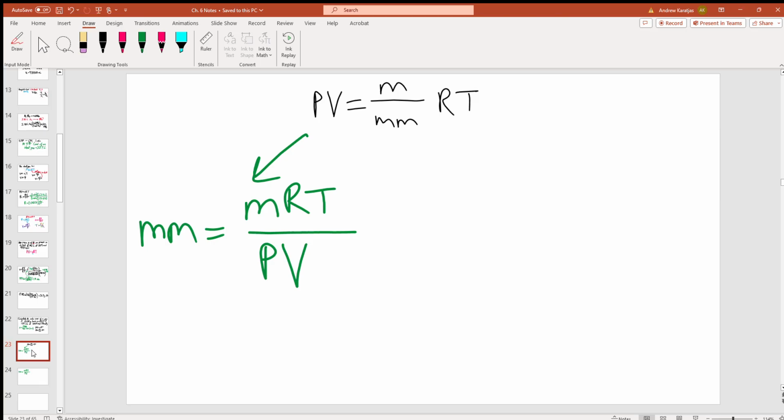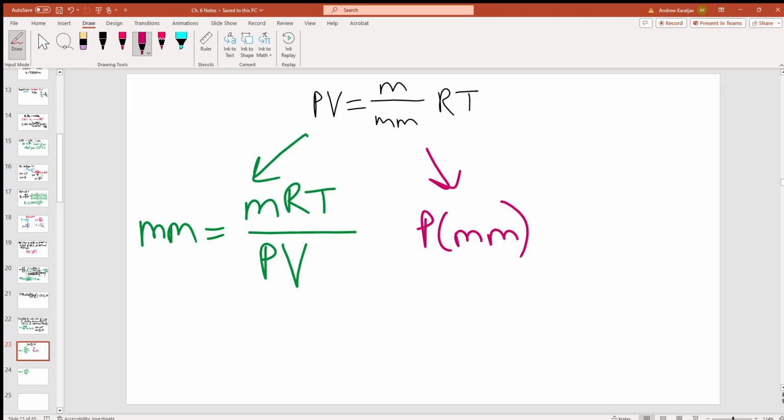Another thing we could do though, you'll notice we've got both mass and volume in here now. So I'm going to do something different in terms of how I rearrange this equation the second time. I'm going to take molar mass over to the left. So I've now got pressure times molar mass.